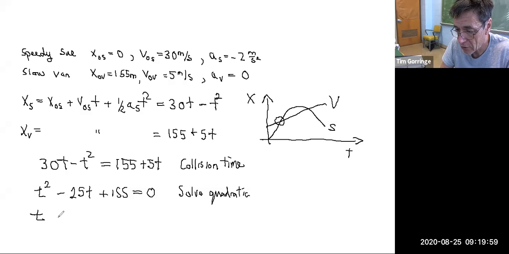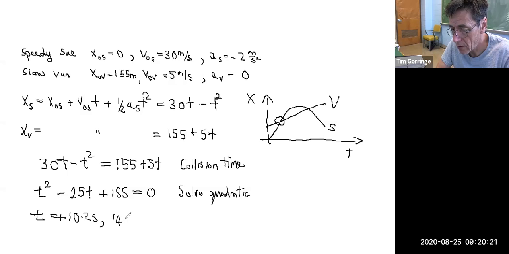And the solutions are, and there's two of them when you have a quadratic equation in general. In this case, one of them is 10.2 seconds, and the other one is 14.7 seconds.